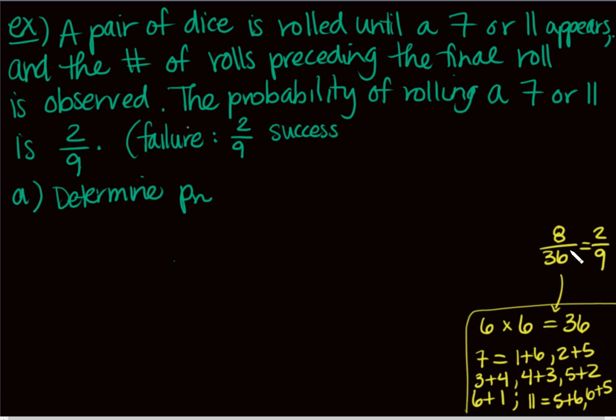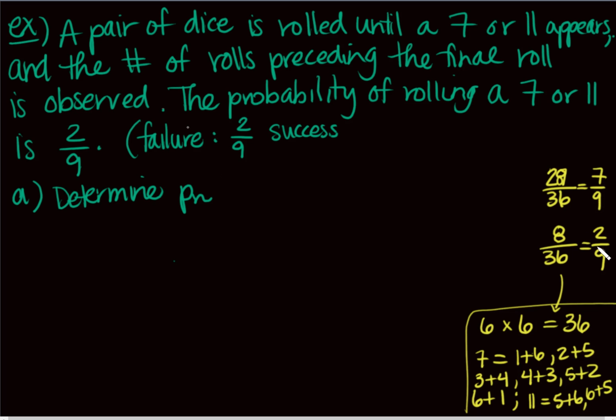If I take 36 minus 8, there are 28 other possible sums that are not a 7 or an 11. And if we simplify that down, that's 7/9.